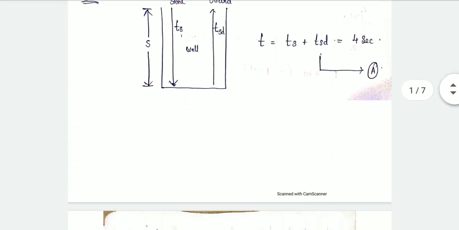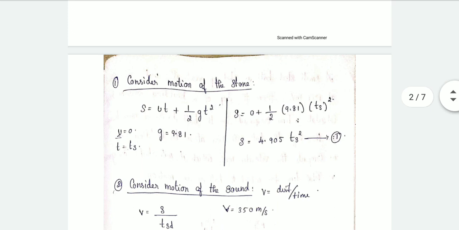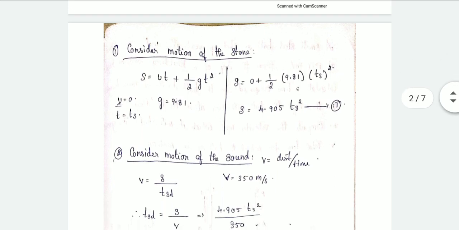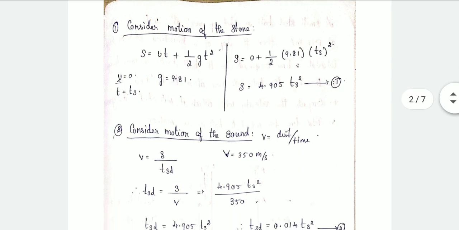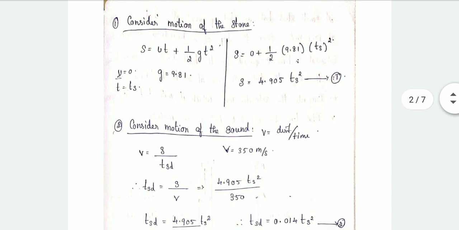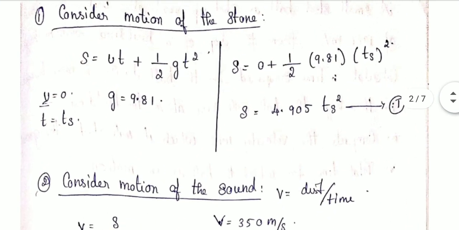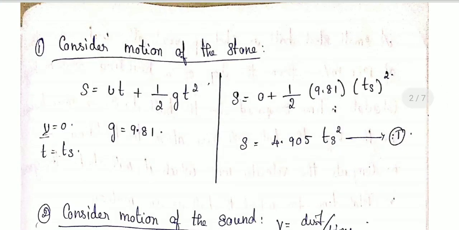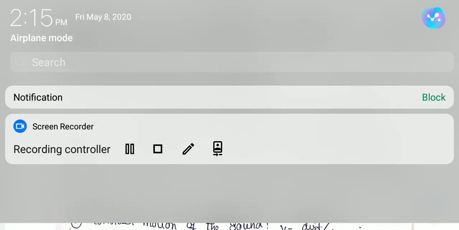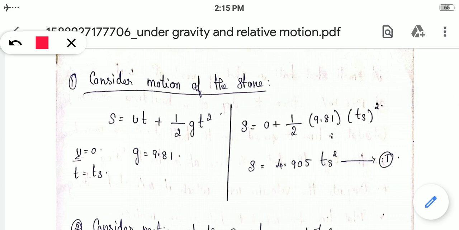After that we are moving into the sum. We know the formulas which I had shared already in a PPT. So consider the motion only of the stone first. For the stone, your formula will be S is equal to ut plus half gt square. When I throw a stone into the well, my initial velocity will be equal to 0 and the time is Ts.